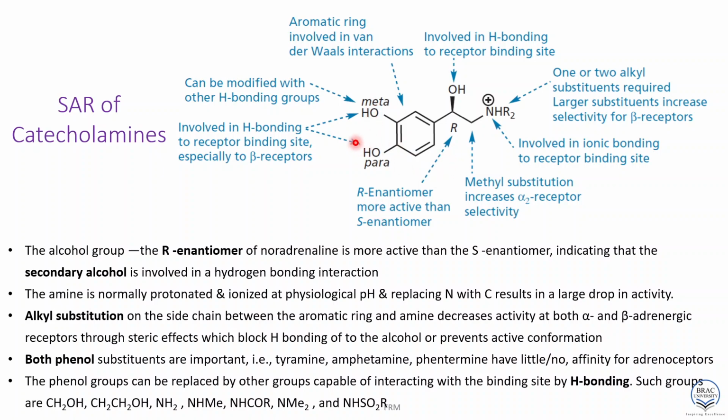And these phenol groups can be replaced by other groups which form hydrogen bonding to the receptor site. These groups can be placed in the meta position or at the para position of the benzene ring. These are the groups: CH2OH, NHR, NHCH3.